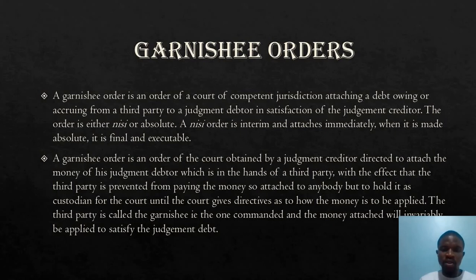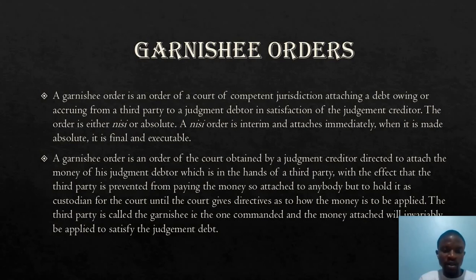So a nisi order is interim. That means it is within a dispute and attaches immediately when it is made. When it is final, it is executable. That is to say, all the monies are transferred to the other party.